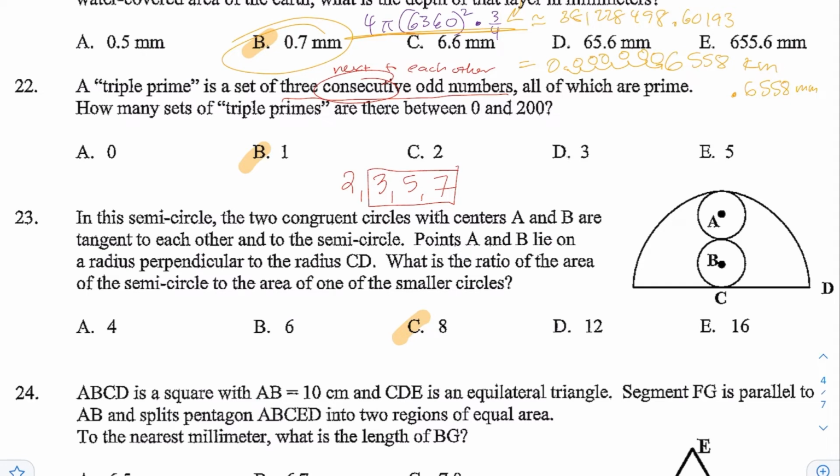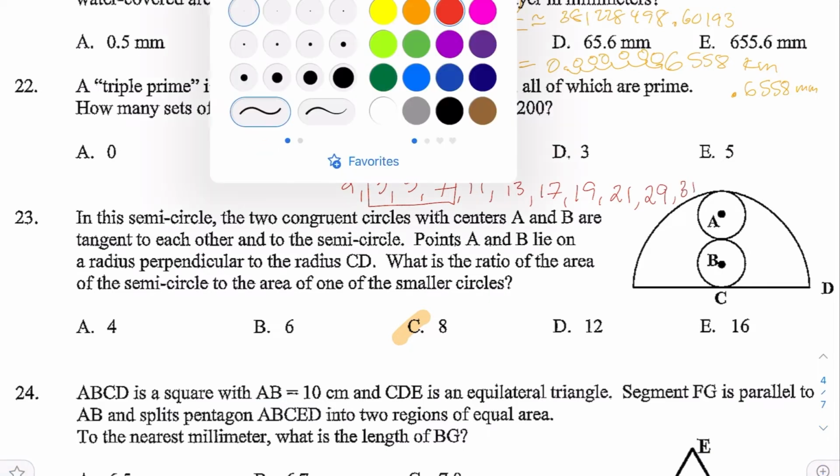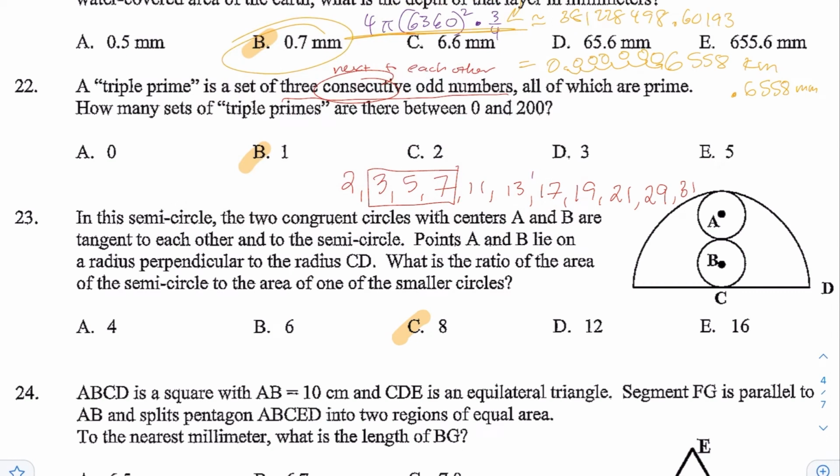And we keep listing them out. You see that you're not going to get another set, because one of them is going to be a multiple of 3. For example, 15 is a multiple of 3, it belongs here. 21 is a multiple of 3, so that's there.